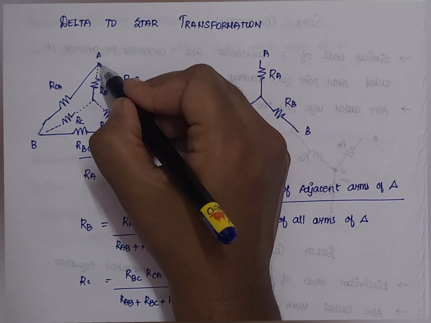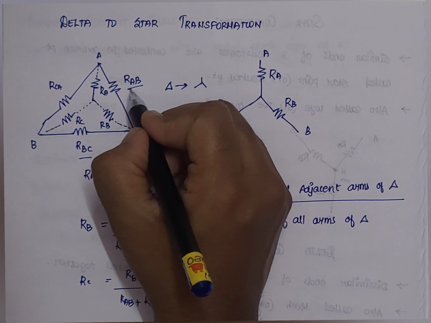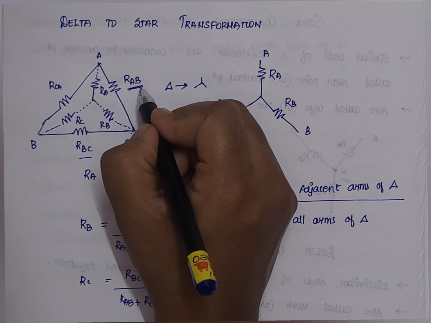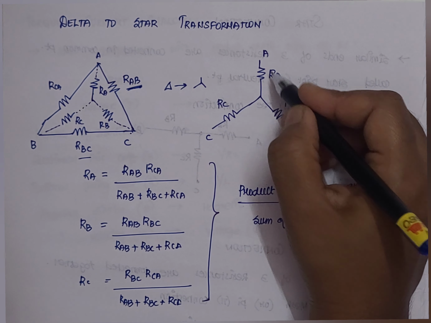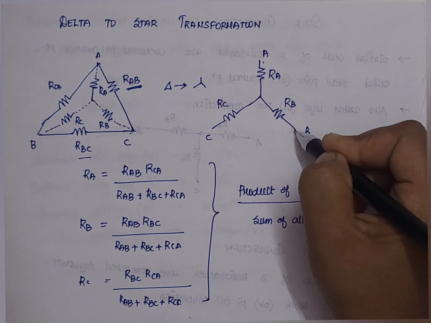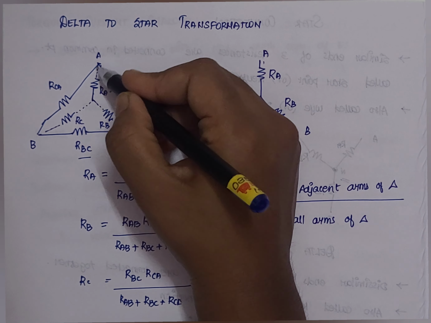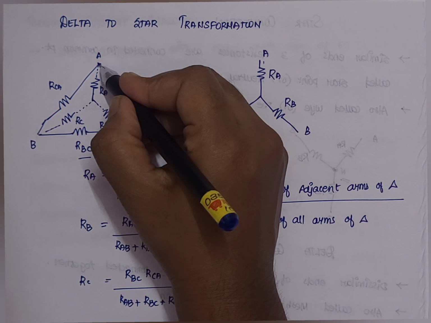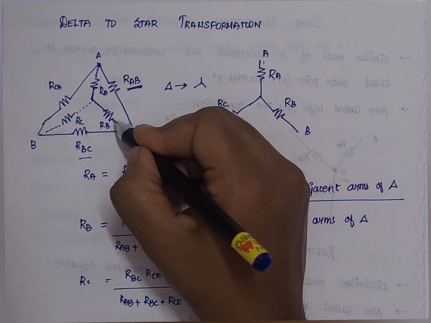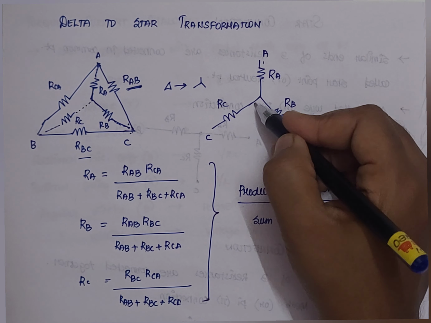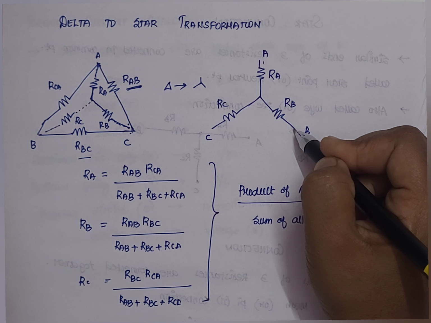If you consider the single resistance, we have represented it as RAB. This will be divided into two parts, RA and RB, to form the structure. That is, the single branch will be expressed in this way, so we have got this structure in the equivalent star.